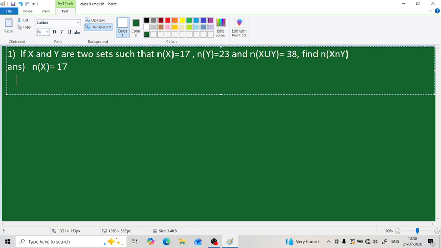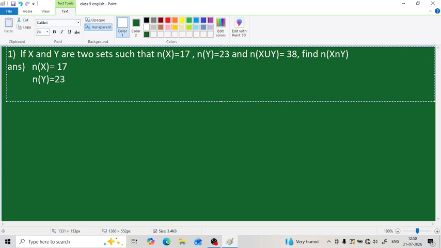And what is our second one? Second, it is given that n of y equals 23. That also we need, so we can write n of y equals 23. Then next we need n of x union y, because it is also given in this question. Here it is given n of x union y equals 38, so we write that.